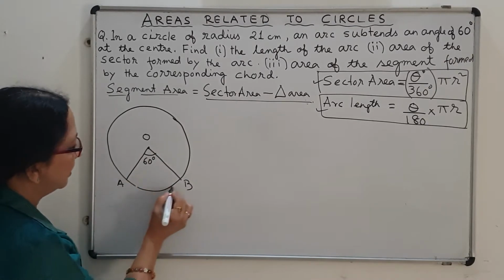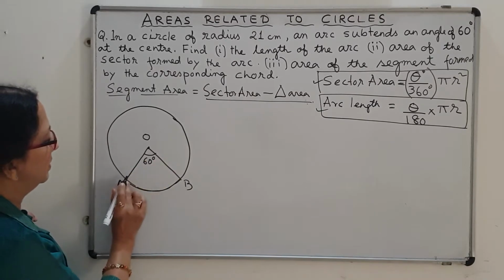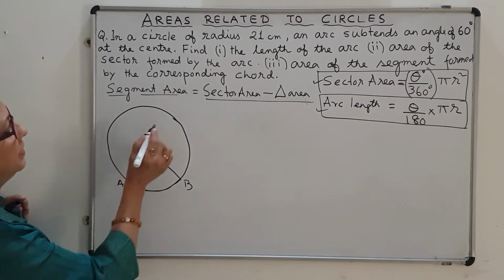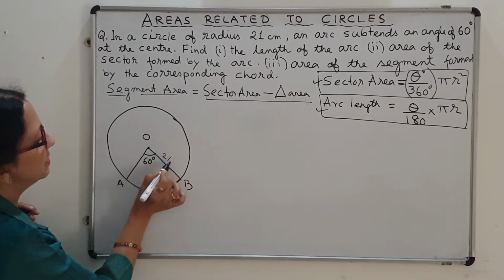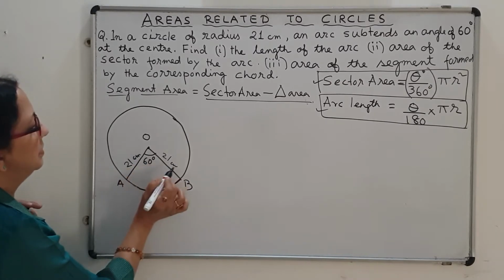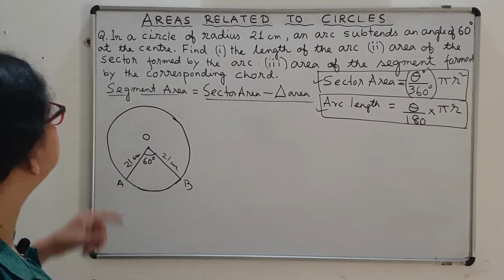So this arc AB subtends 60 degree at the center. Okay, and the radius of the circle is 21 centimeter. These are given to us.